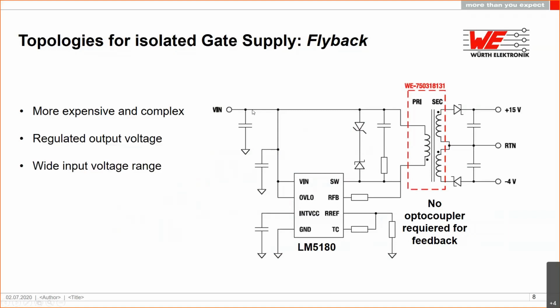In our case, it was 9 to 18 volts, which is a normal range for automotive. And it can provide more than one output voltage level. So in this case, we can provide +15 and -4 to drive a SiC, or +5 and -2 for a GaN, for example. There are different turn ratios with different possibilities in the end.